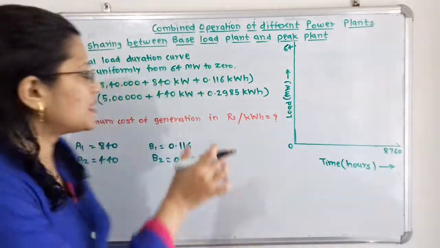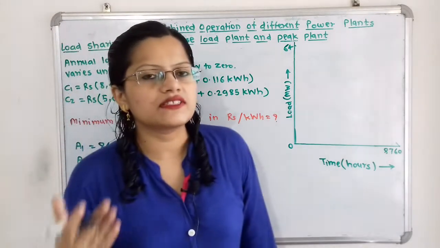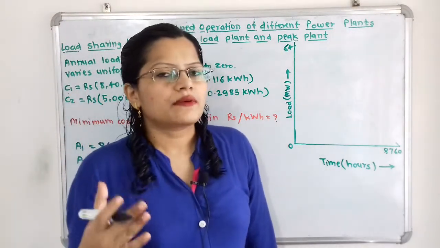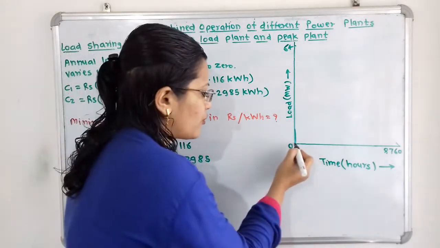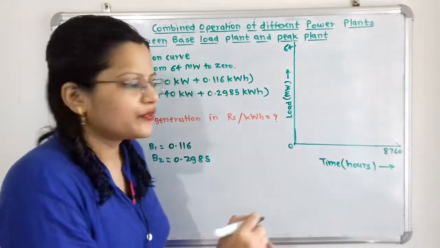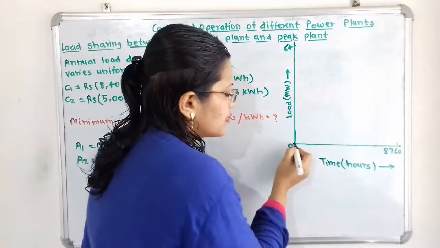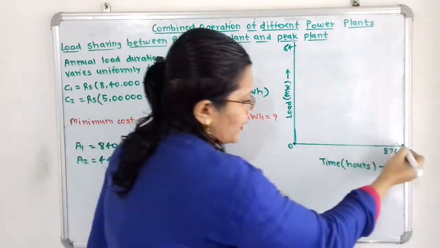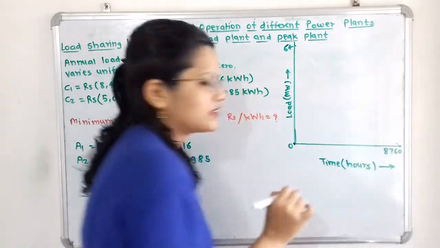Now the cost mentioned is the yearly cost, so we will take the number of hours in 1 year. So number of hours in 1 year is equal to 8760. So from 0 to maximum limit 8760. Here the starting point is 0 and end point is the number of hours in 1 year, that is 8760.